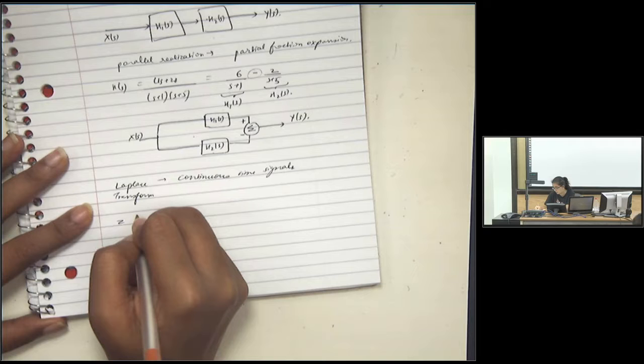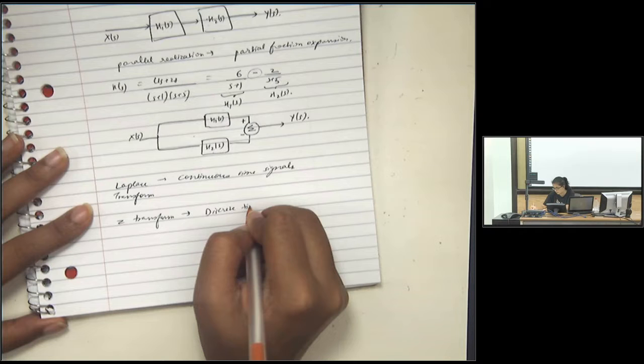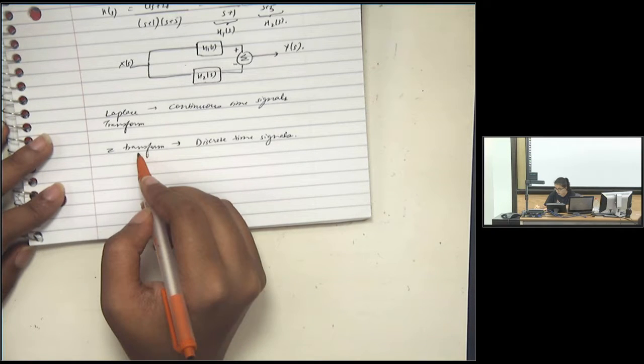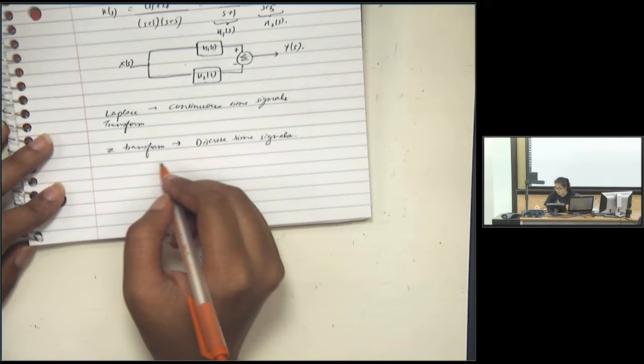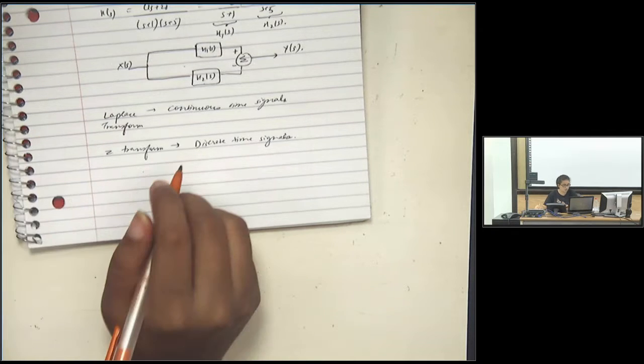And Z transform is for discrete time signals. All right. Do note that even when we take the Z transform of a discrete time signal, the Z transform itself is continuous. Okay, the Z transform is not discrete.